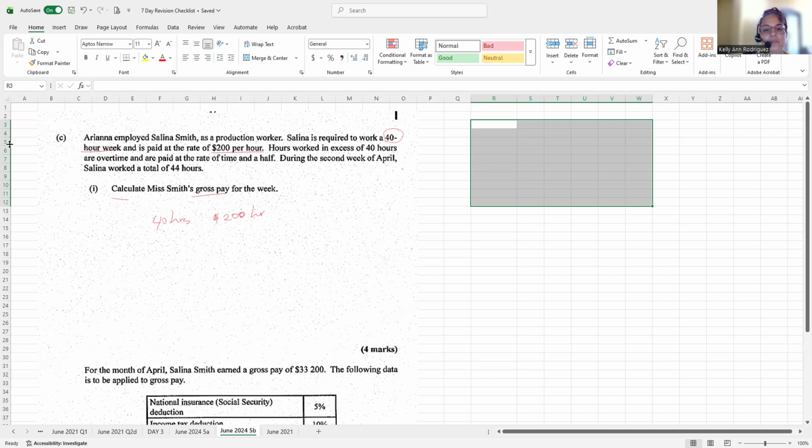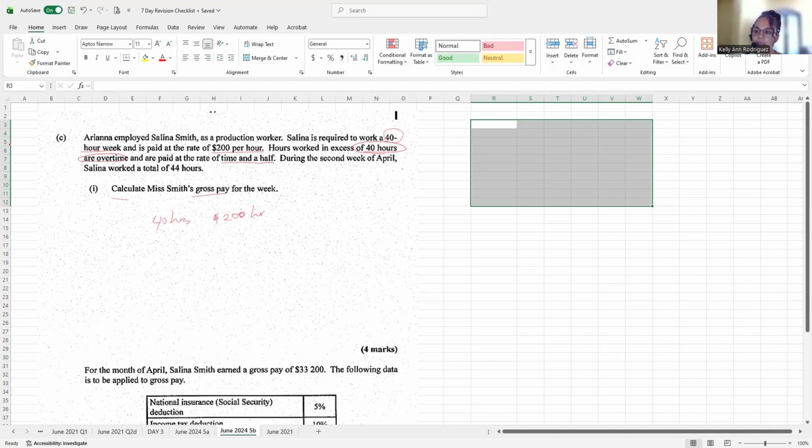So Selena is required to work 40 hours in a week and is paid a rate of 200. Hours worked in excess of the 40 hours are overtime. So anything beyond this is going to be paid an overtime rate. But what is it? Overtime is time and a half. Anytime you see in an exam that a rate is time and a half, time is 1 and a half is 0.5, right?